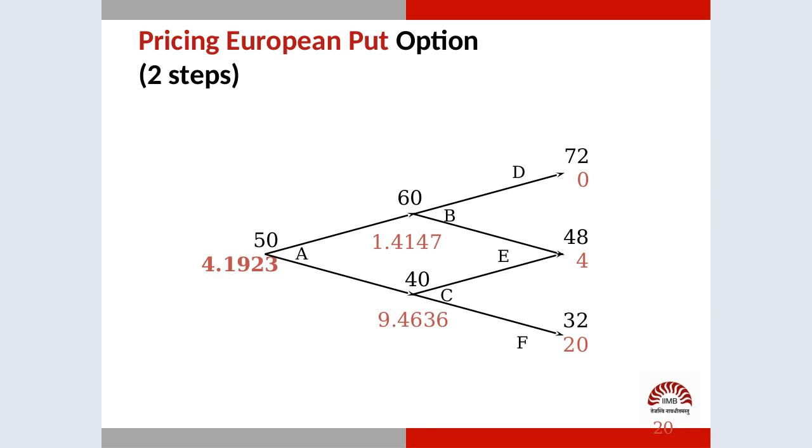Okay? Once you get these values, then you calculate the value at A. So by the same logic, the value at A will be, now I know these values. So this value is 1.4147 and this value is 9.4636. And you solve it, you get the value to be 4.1923.